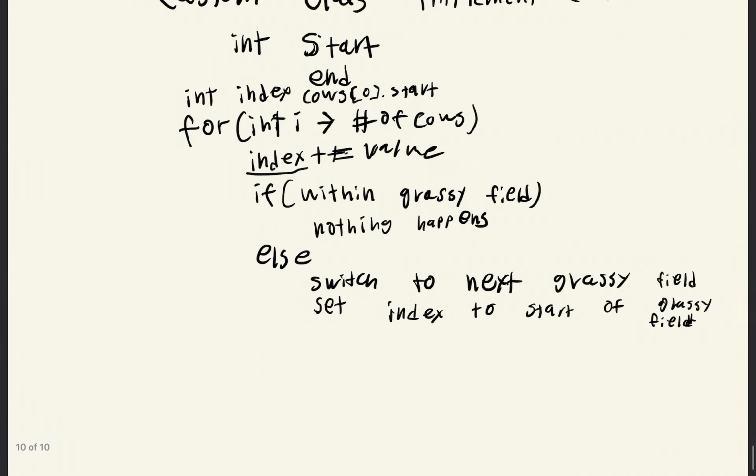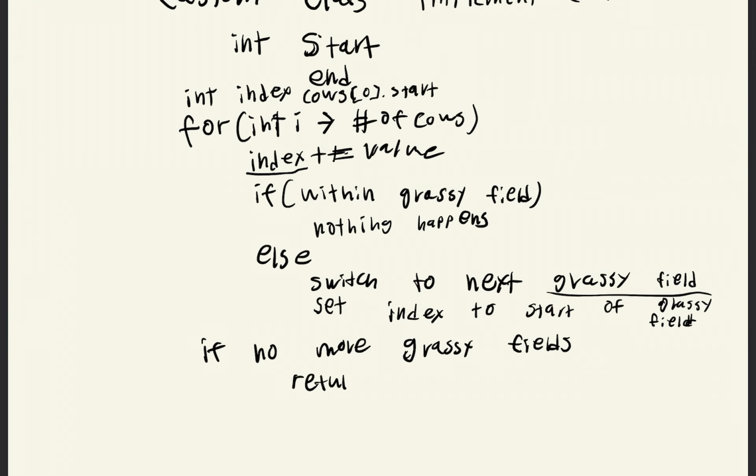And at the end, if we run out of grassy fields, then return false. If no more grassy fields, return false, but otherwise return true.